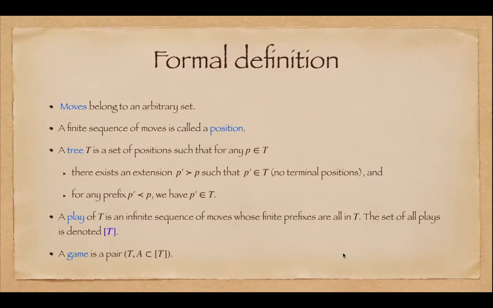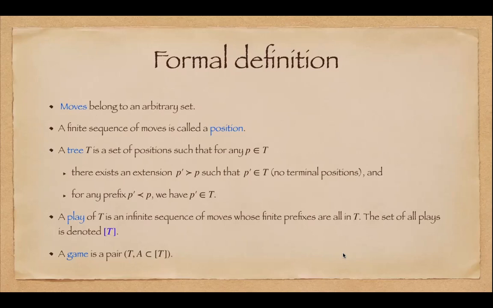A position is, in game theory, sometimes called a finite history. So it records the moves. And there's a certain tree of positions, which we denote by T. It describes the collection of all possible positions. So not every sequence of moves is a position. The tree of the game describes what are the possible positions.